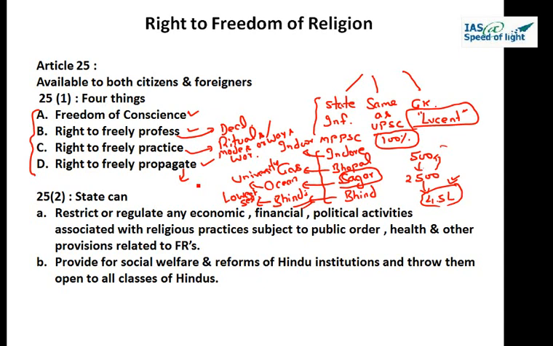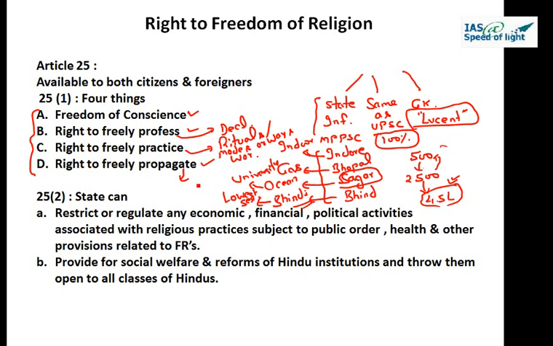Let's move to the second part of Article 25, which says: nothing in this article shall affect the operation of any existing law or prevent the state from making any law, A, regulating or restricting any economic, financial, political or other secular activity which may be associated with religious practice; B, providing for social welfare and reform or the throwing open of Hindu religious institutions of a public character to all classes and sections of Hindus.